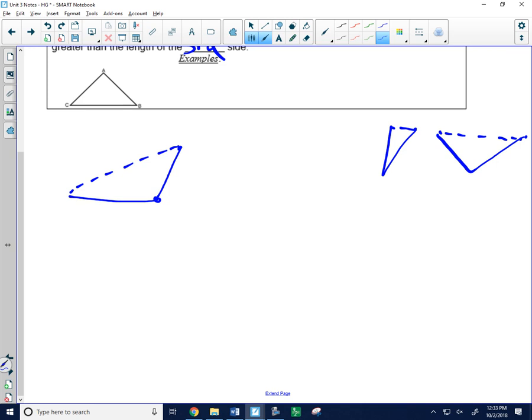Say I make this segment a little flatter, and this one keeps approaching. If I end up making it perfectly straight, I can no longer draw in the third side. I'm trying to illustrate that this plus this cannot be equal to that one. It would be a straight line. So you take any two sides, you add them together, and that length has to be longer than the third.